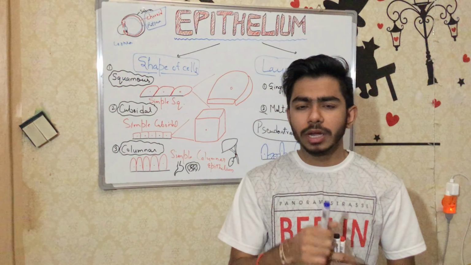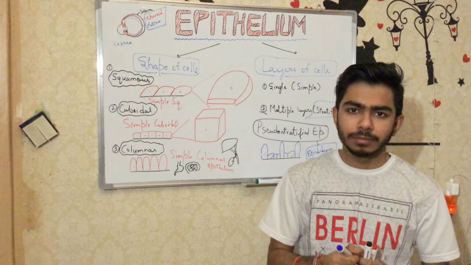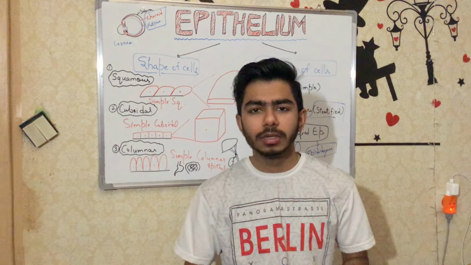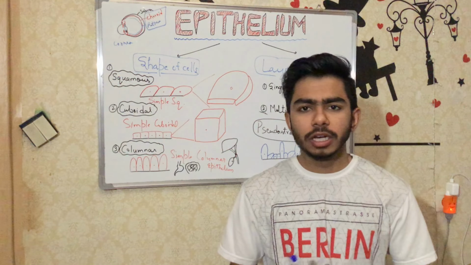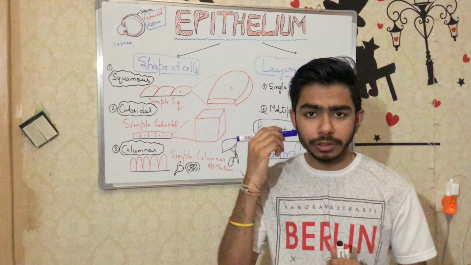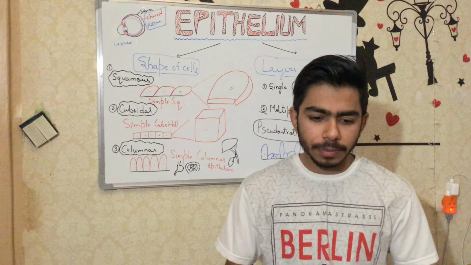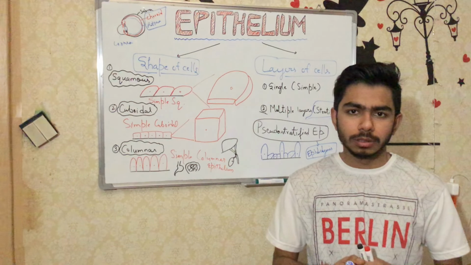So there could be bacterial invasion over there. So ciliated pseudo-stratified epithelium is present in the trachea. Also the non-ciliated one is present in the auditory tube in the middle ear, and in the male urethra, pseudo-stratified non-ciliated epithelium is present.